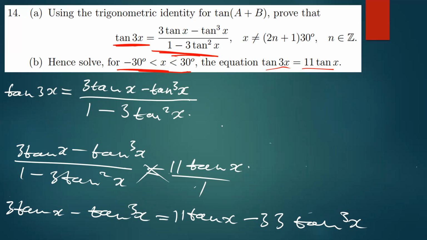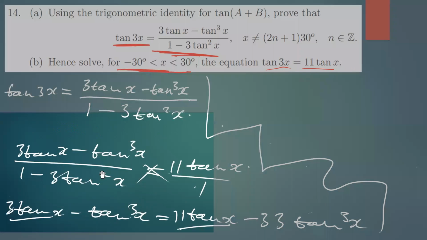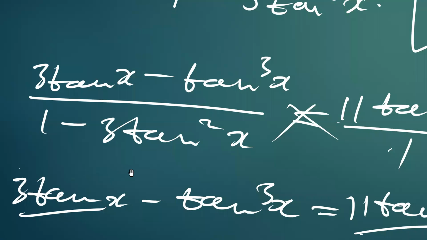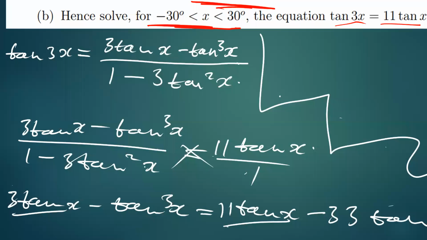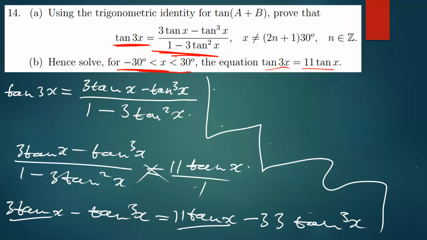So from there, we can pair the like terms. When we pair the like terms, we can see that 3 tan x and 11 tan x, when you take 3 tan x to the other side of the equal sign, we're going to get 11 tan x minus 3 tan x.